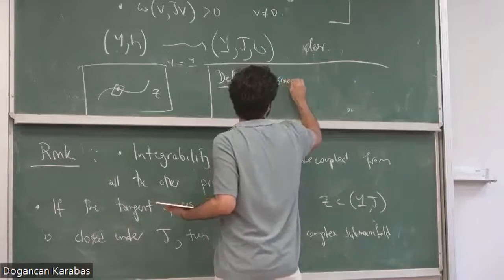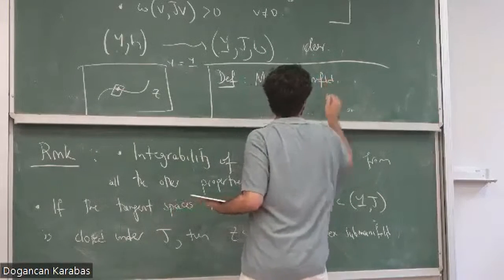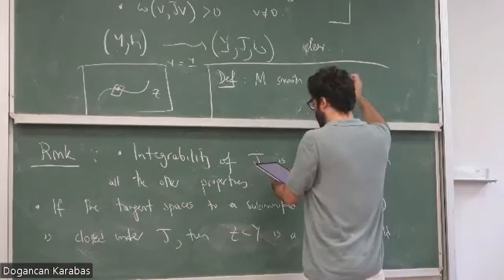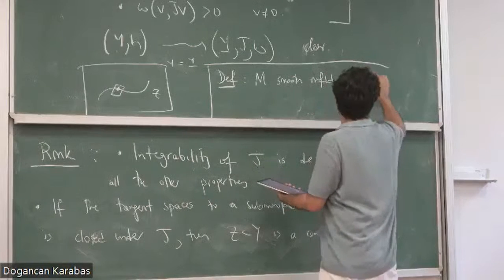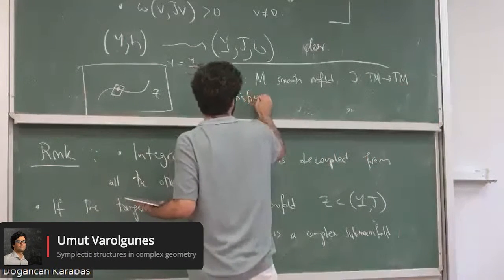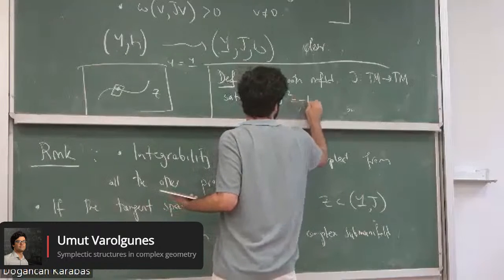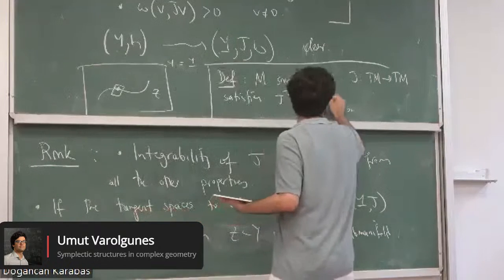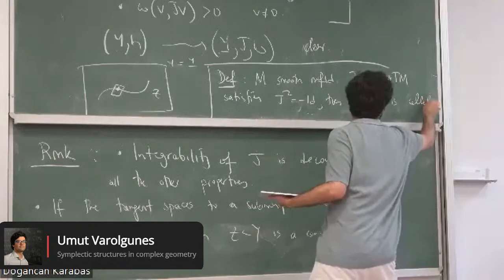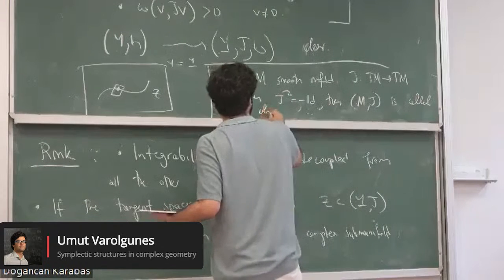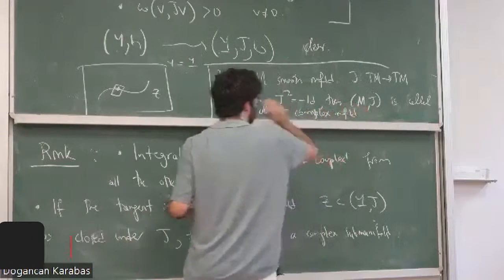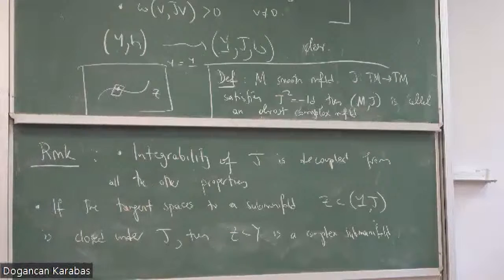If M is a smooth manifold, and J on TM satisfies J squared equals minus identity like before, then (M, J) is called an almost complex manifold. I'm not going to use this, it's more like a remark, but it's a definition that you can make.